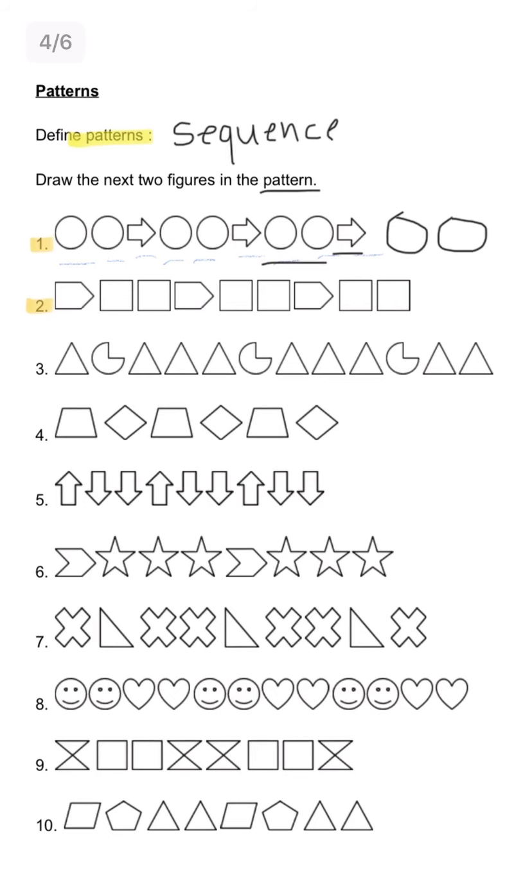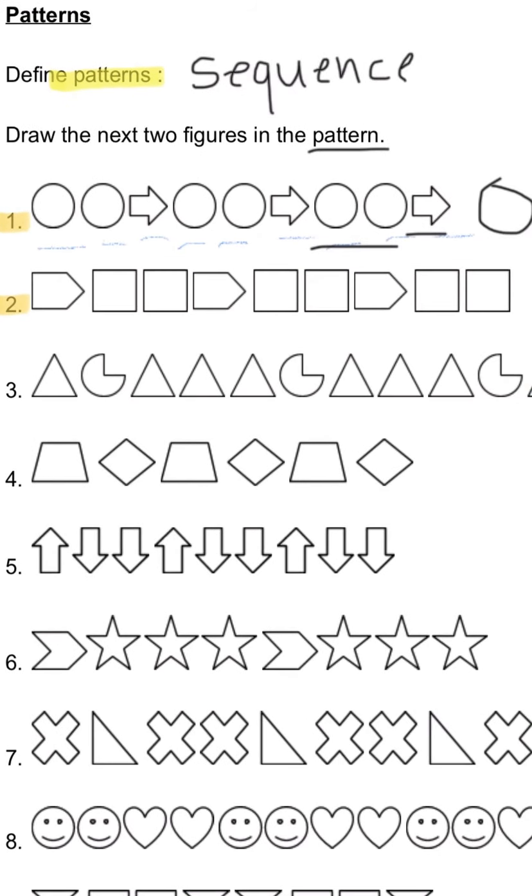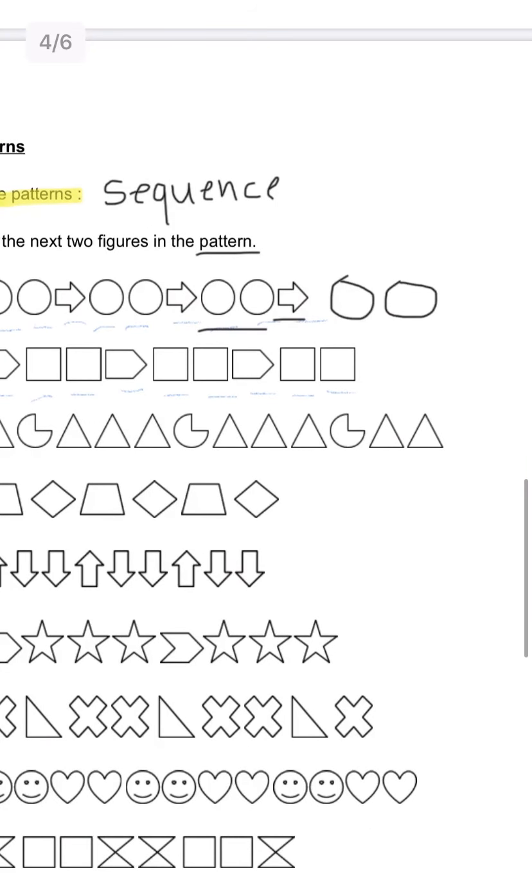Okay, let's try number 2. It's a pentagon, square, square, pentagon, square, square, pentagon, square, square, right? So then what comes after a square? Well, a pentagon comes after, right? A pentagon comes after. And then what comes after a pentagon?